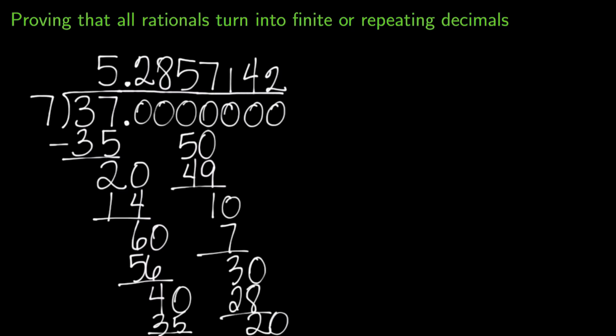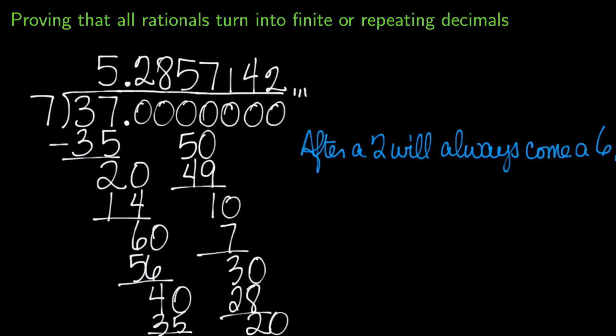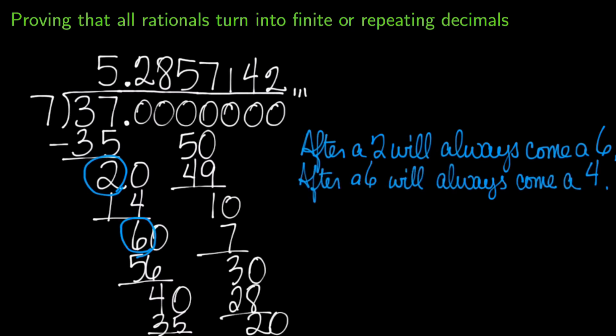Now, when we're looking at the remainders, after a remainder of 2, when I do the process again, I'll always get a remainder of 6 next, right? Because when you had a remainder of 2, then you drop the 0, 7 goes into 20 twice, you get 14, you subtract, and then you get this remainder of 6. After the remainder of 6, you're always going to get the remainder of 4.